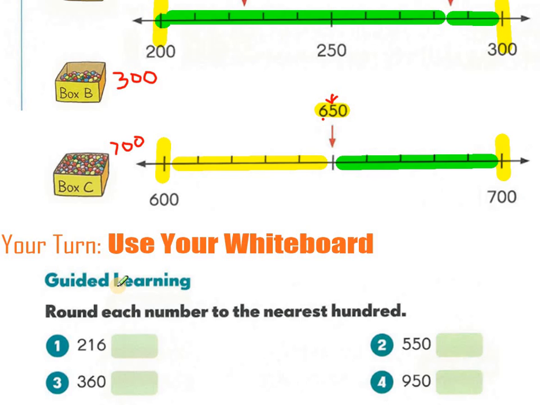I'd like you to use your whiteboard, and I would like you to round each one of these numbers to the nearest 100. When you're done doing that, I want you to go on to the next page, okay? Okay, check your work and go to the next page.